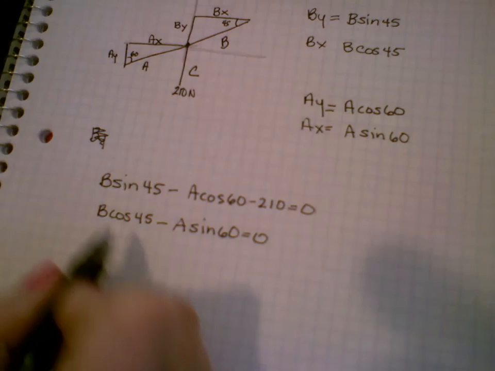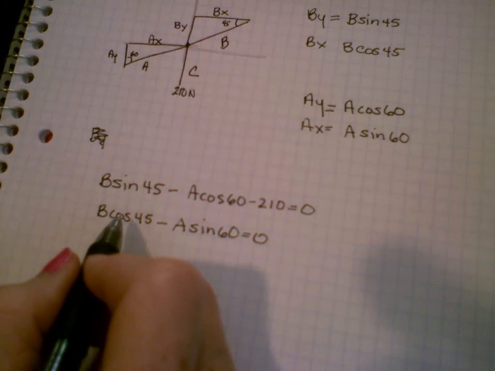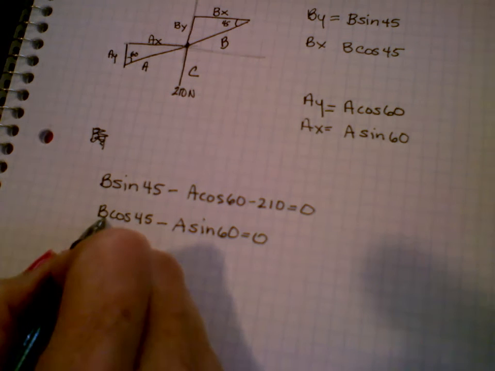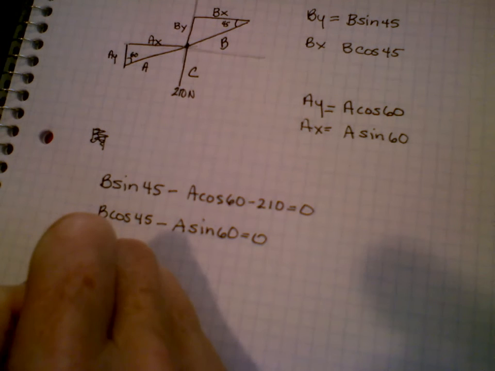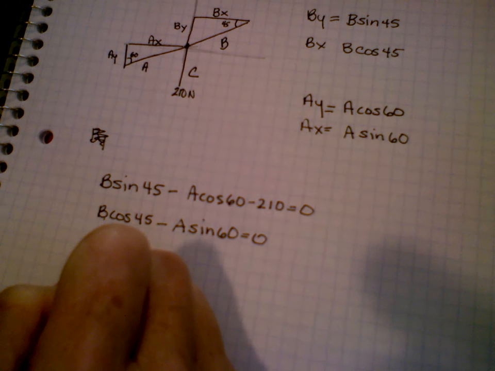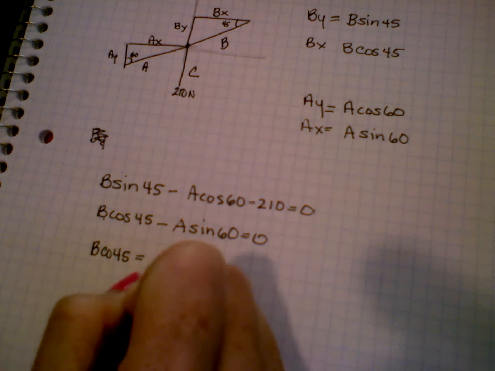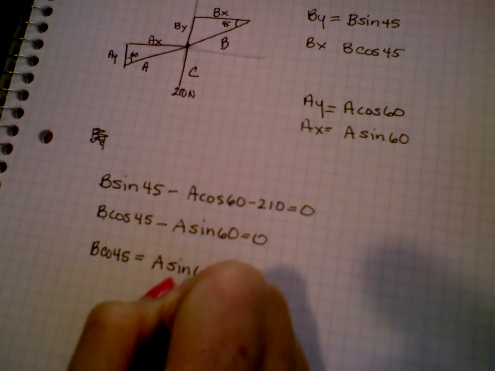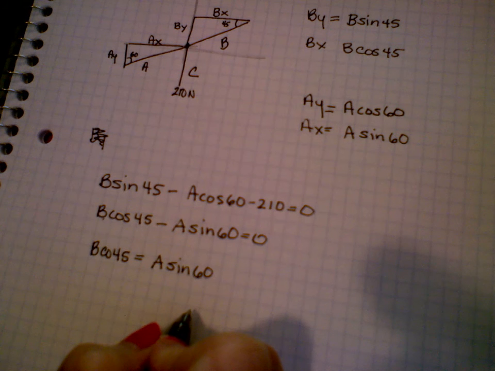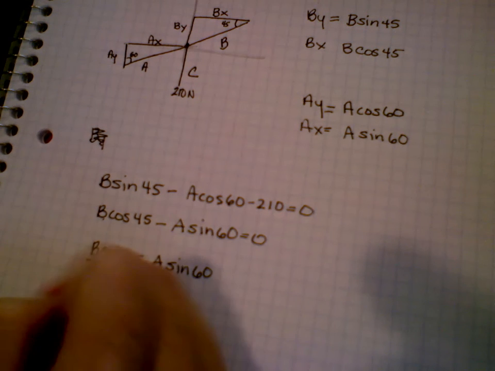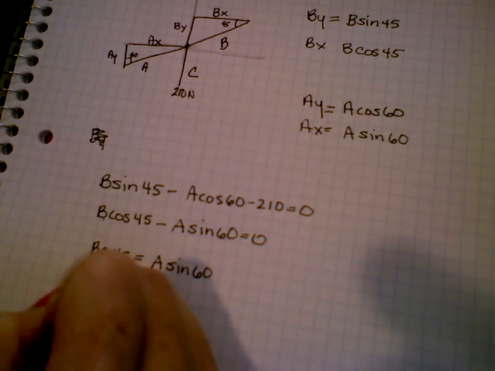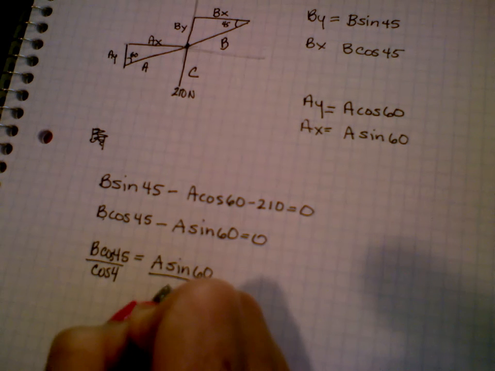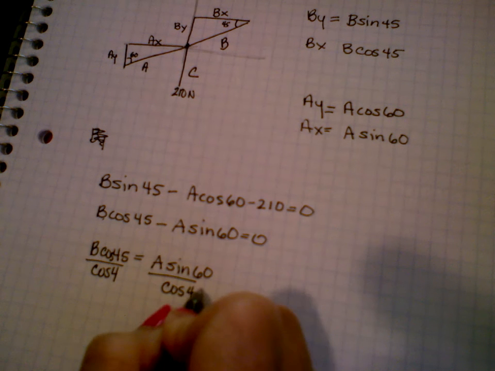You have to then isolate and solve for B here, because I'm trying to find A. So B cosine 45 is equal to A sine 60. I'm going to solve for B, so divide by cosine 45, divide by cosine 45.